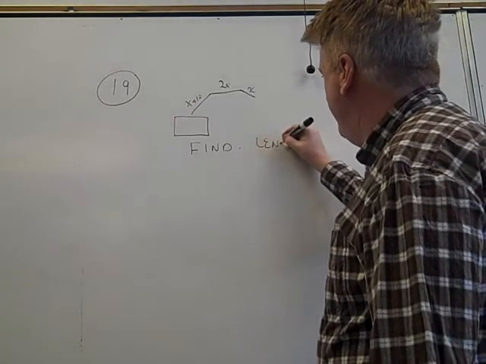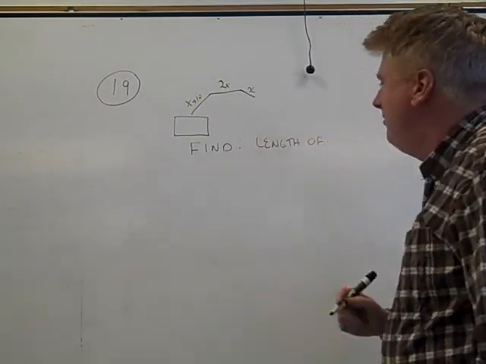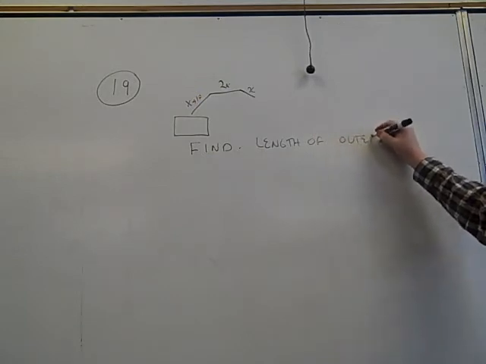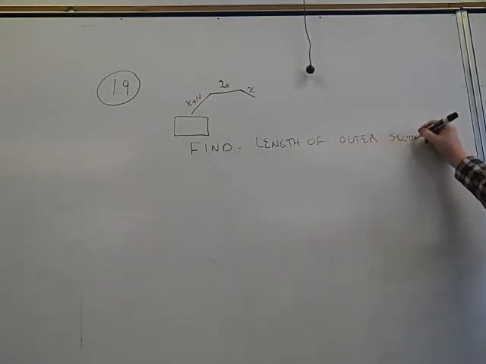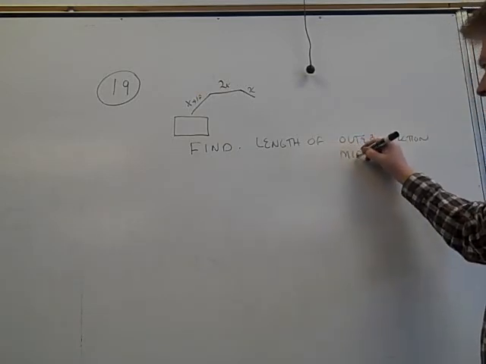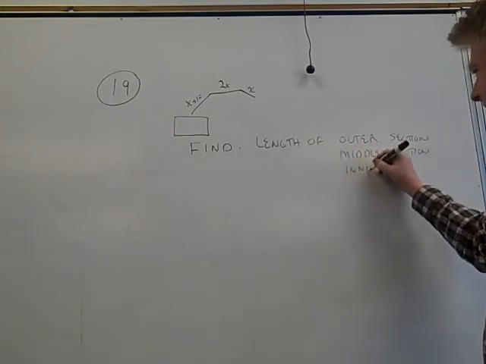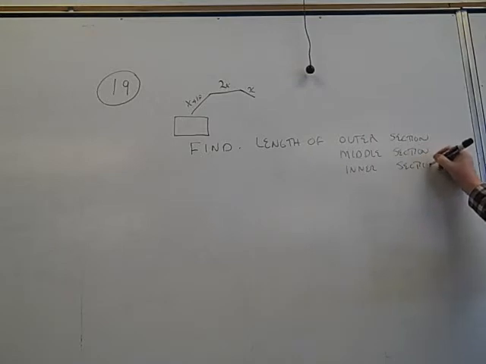So we're trying to find the length of x, or the outer piece, outer section, middle section, inner section. We're trying to find these 3 lengths, and listing them as opposed to saying find the length of each piece often unjams a lot of mental constipation that goes on.